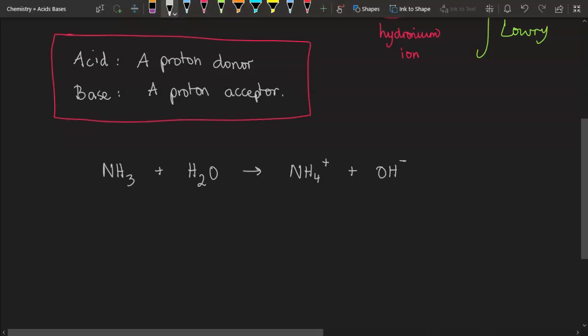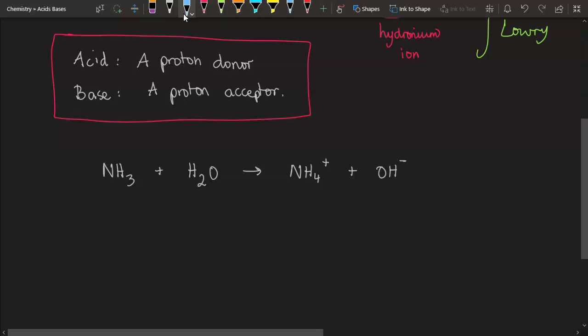Generally the way I do this is I look at my products and I try to figure out what way the hydrogen is moving. Now obviously we have NH3 on the left, and on the right hand side it ends up becoming NH4 positive. So somewhere along the way this has gained a H plus. Where's the only place it can gain it from?